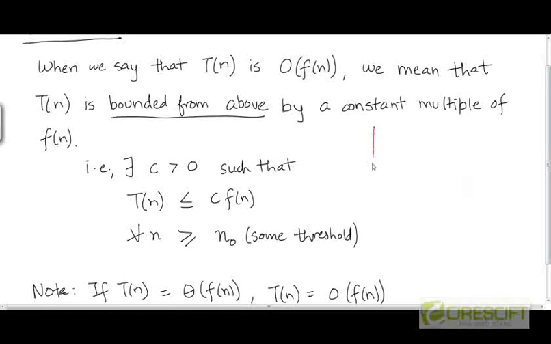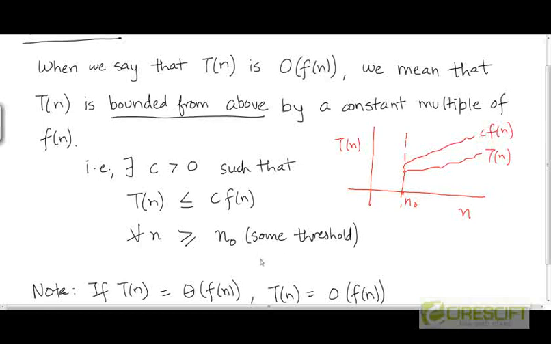That is, if you look at a plot of t of n versus n, there will be some threshold value n naught beyond which, let's say this is t of n, t of n will always be less than or equal to some constant multiple of f of n.